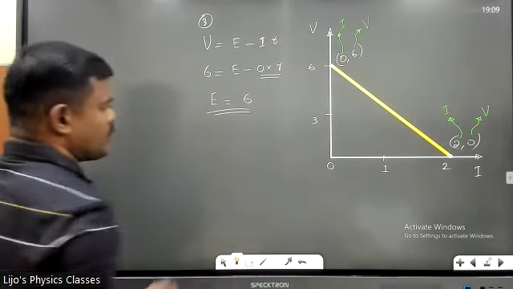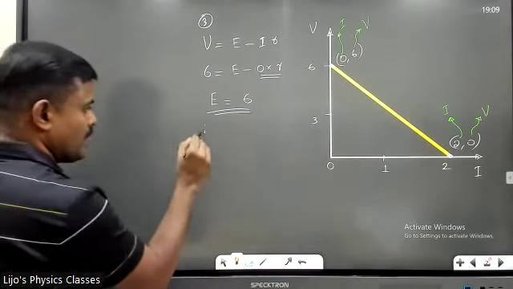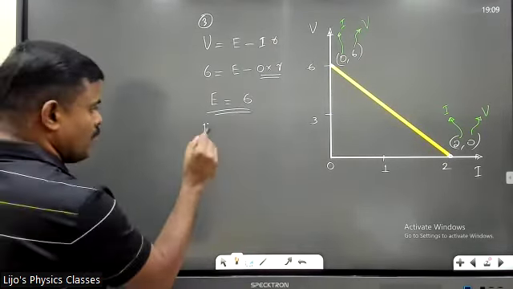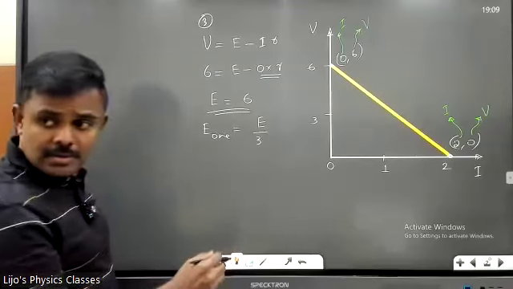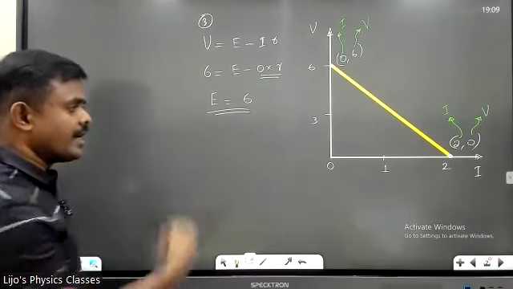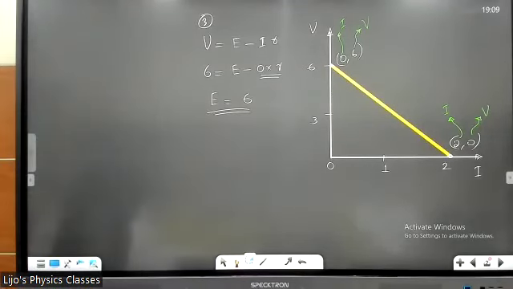Actually, this is a contribution from 3 cells, right? So E1, for 1 cell, will be E by 3. There are 3 of them, and all of them are identical. They'll give identical cases only.